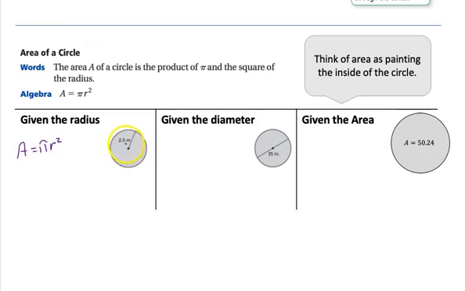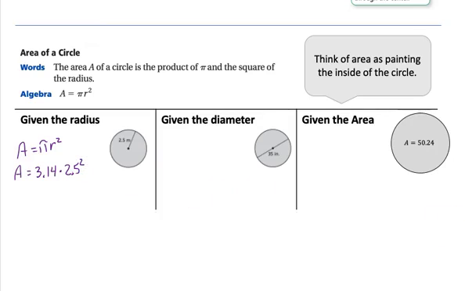Now if we look here, this is 2.5, and it is halfway, so it is the radius. So I'm going to go, okay, so that means the area equals 3.14 times, well, that's 2.5, and I needed to take that to the square.